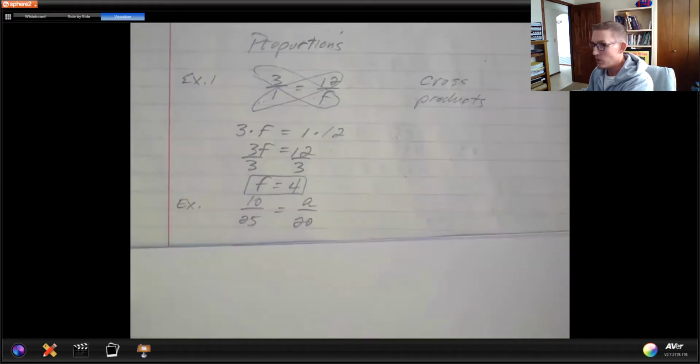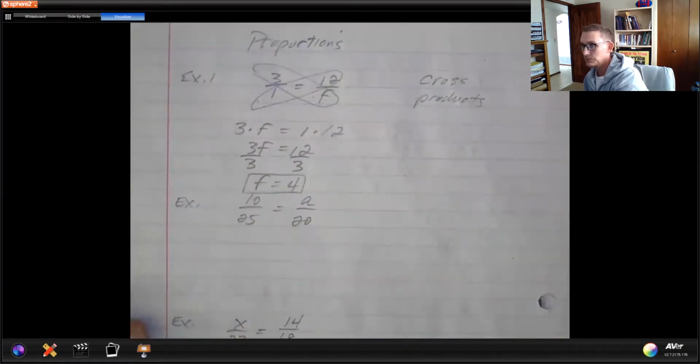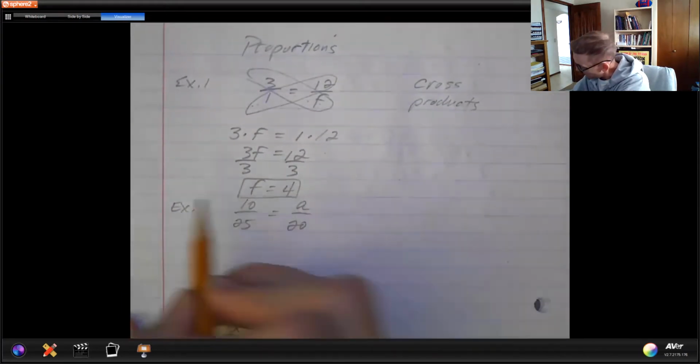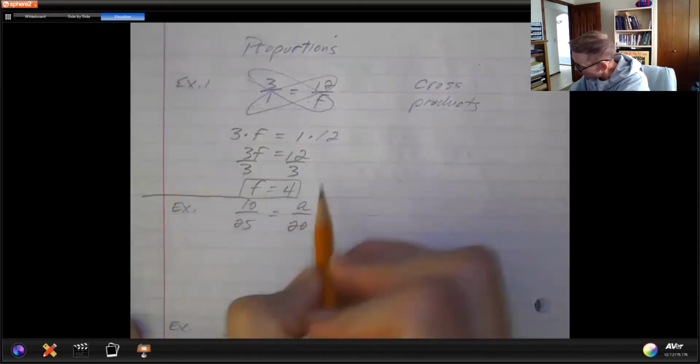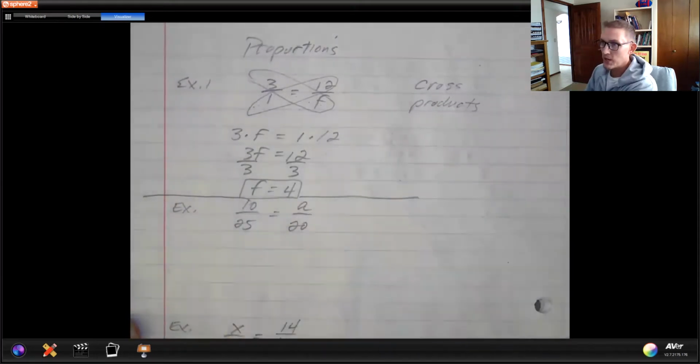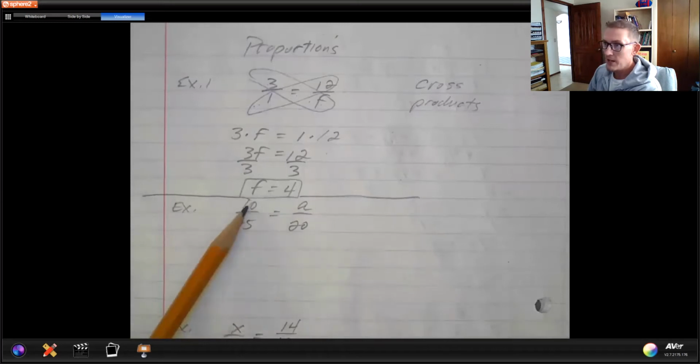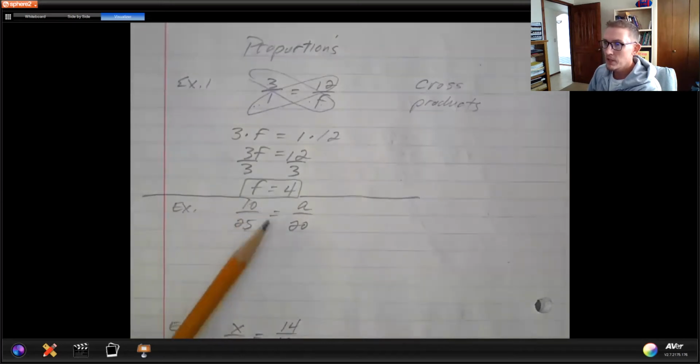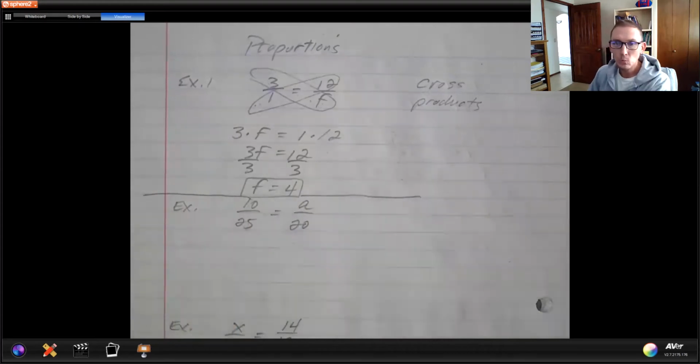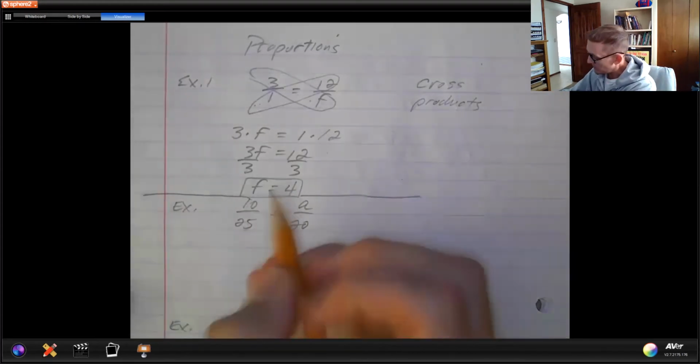Okay, so let's try example number 2. We got a little bit too close there from that one. I didn't draw a line there to separate it. So for example number 2, you have 10 over 25 equals a over 20. So let's set up our cross products.